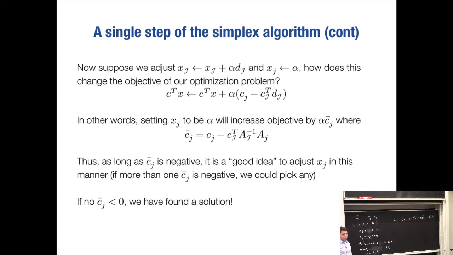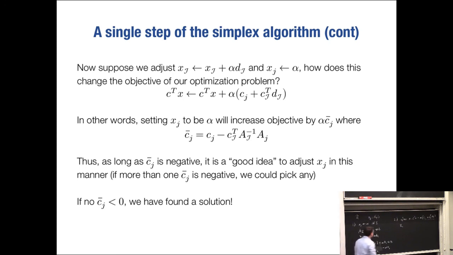And so the question now is, should I do it or not? Writing things a little bit more the way it's typically written, I'm basically going to take this thing and think about whether that is a good thing to actually go ahead and change. So I'm going to compute this thing called c bar. And c bar is the change the objective would have if I were to actually go ahead and make this step.